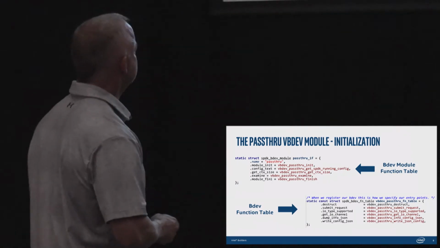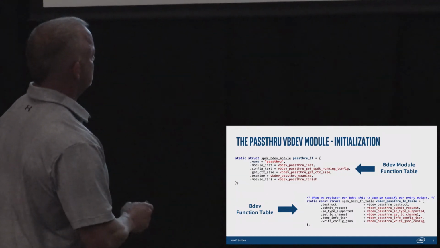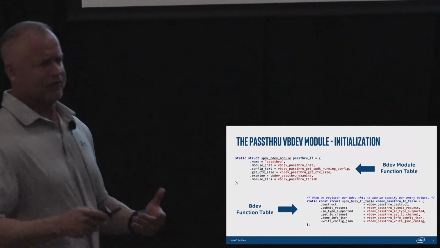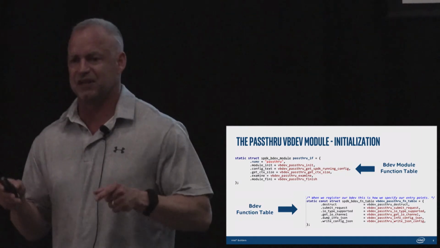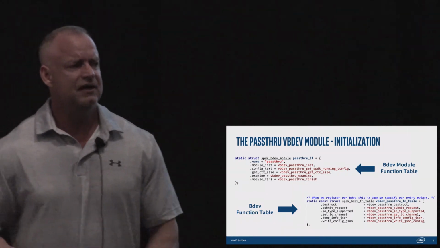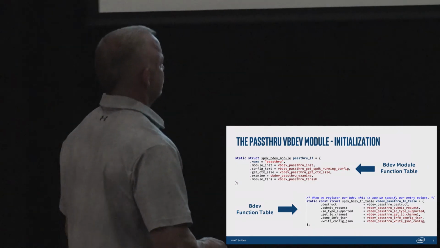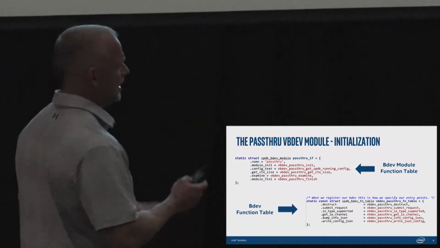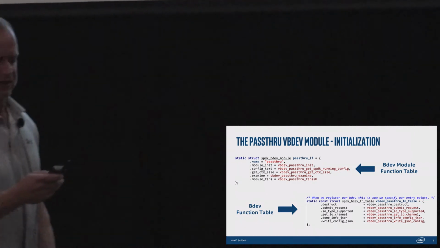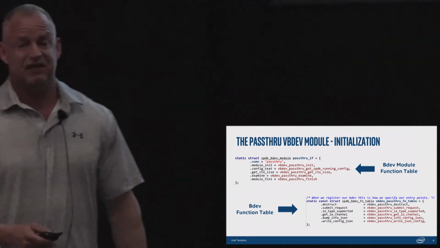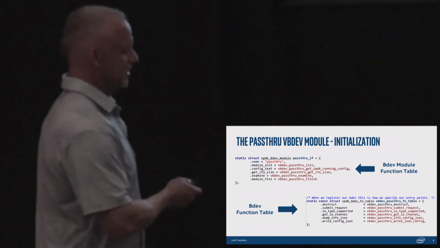So it's pretty straightforward. And then we've got another function table that is much more IO focused, or more oriented towards the BDEV itself, the BDEV abstraction that's instantiated by this BDEV module. So these are, again, pretty self-explanatory. You've got something like submit IO, right? Well, that's the function the BDEV layer calls when it wants to send an IO to a BDEV created by this module.